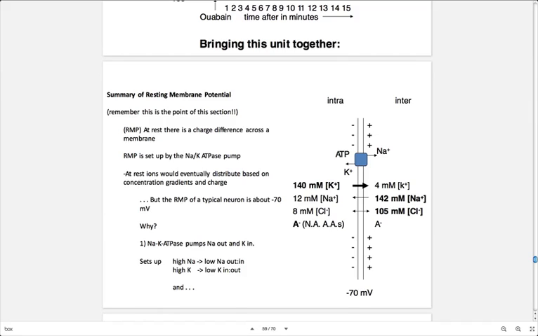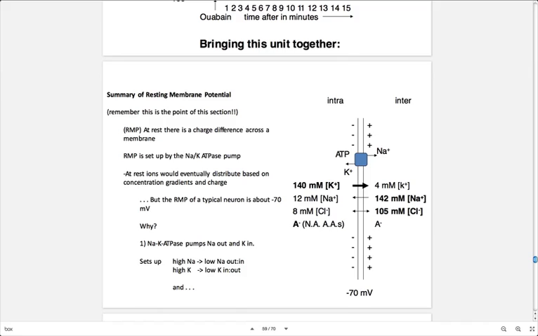So your resting membrane potential is set up initially by the sodium-potassium ATPase pump, setting up these gradients of molecules. And we'll see that this pump actually, because it's pumping 3 to 2, will have a small effect on resting membrane potential relative to the cardiac muscle that we'll talk about at the end of the semester.